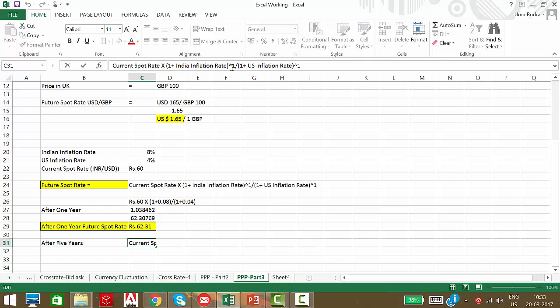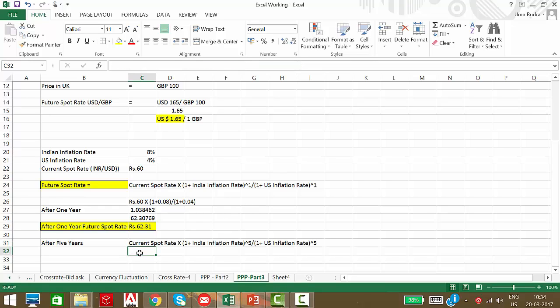So it would be to the power 5. Whatever number of years you would like to calculate, that is the power. If it is 4 years, to the power 4. If it is 3 years, to the power 3. If it is 10 years, to the power 10. Here it is 5 years, to the power 5.